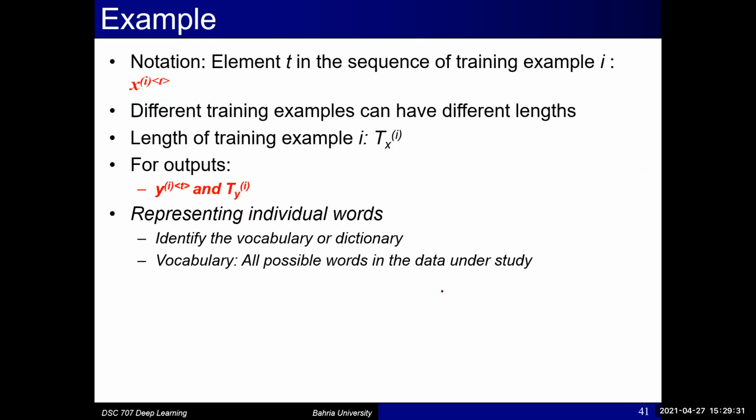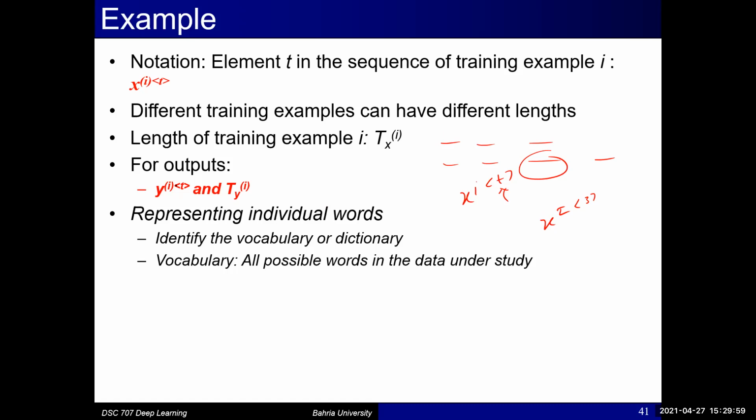Now, as I told you, we'll not have one training example, we'll have multiple training examples, right? So we use the symbol i, x superscript i for the ith training example, and this angle bracket t refers to the word number or the timestamp. So if we take this word, this is x2 because this is the second training example, and in angle brackets it is 3 because it is the third word of the second training example, right?